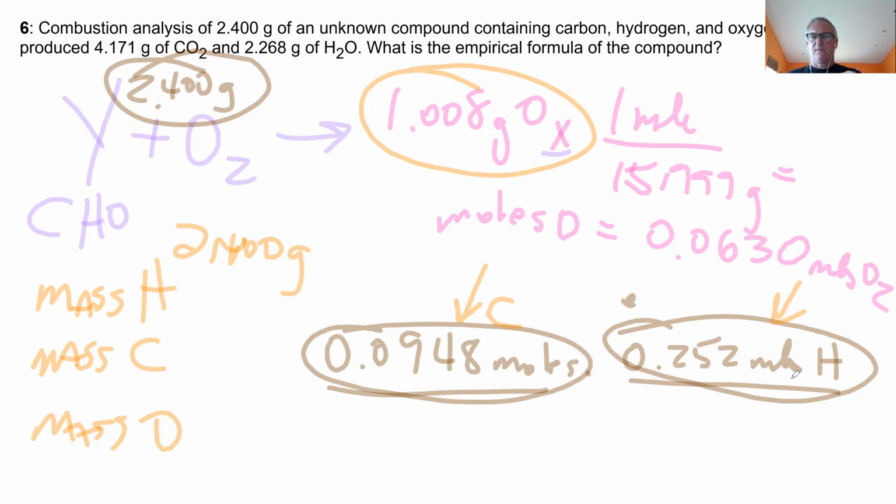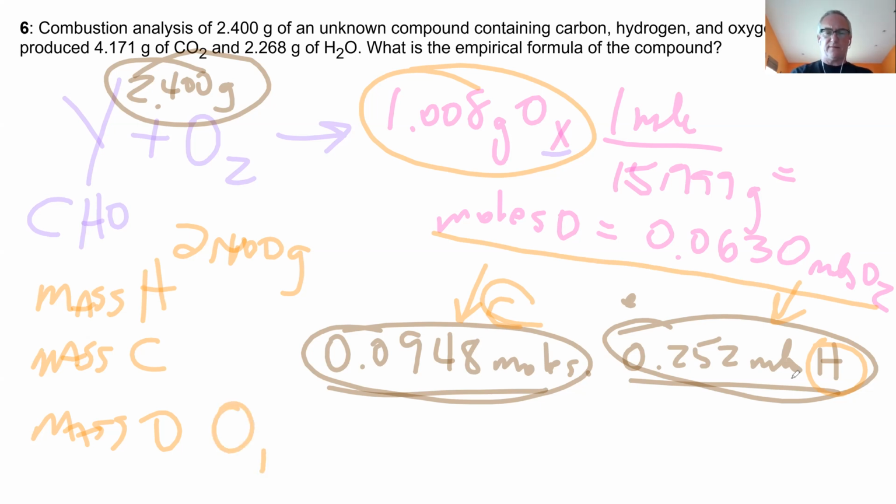Okay. So now we have moles of oxygen, moles of carbon, and moles of hydrogen. We're going to divide by the smallest number, and the smallest number is oxygen. So that gives us O1.